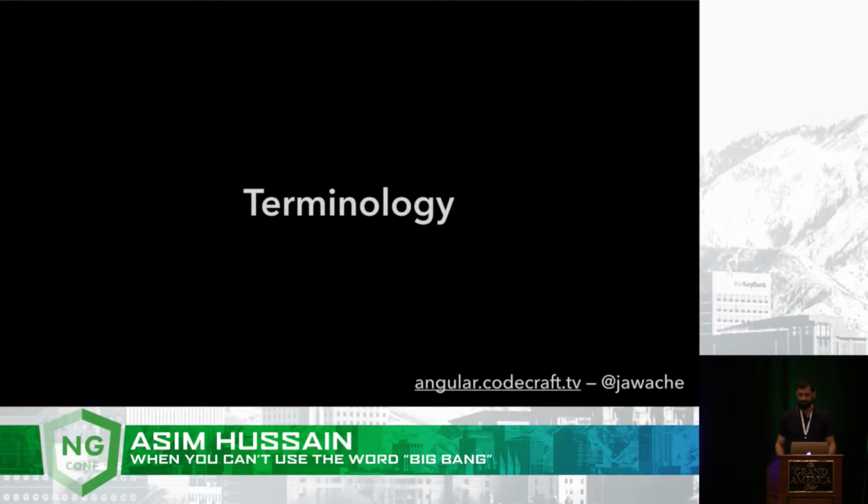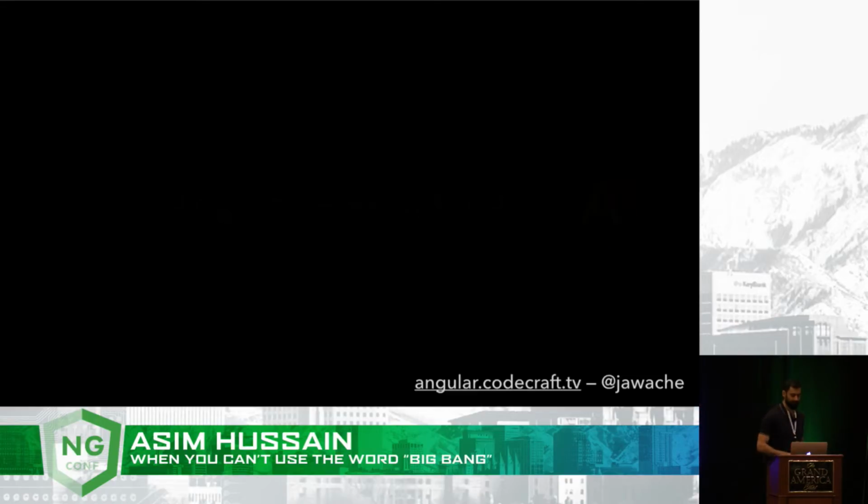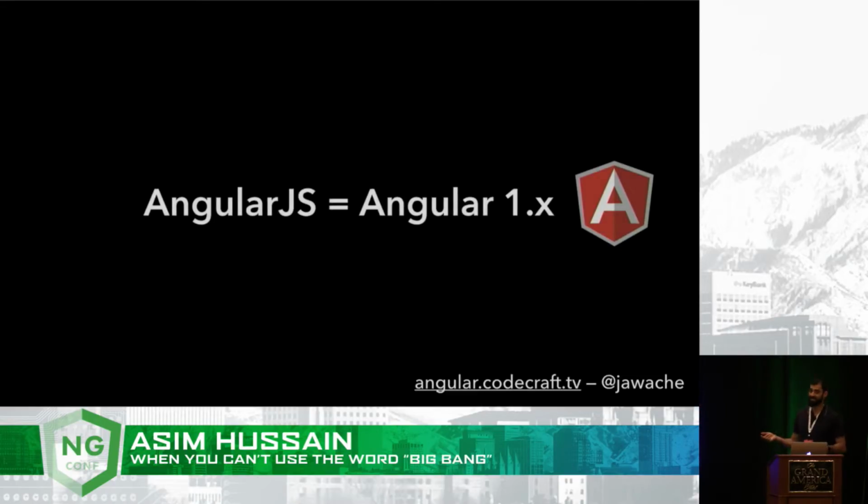So some quick terminology. I'm probably not the first person to tell you this, but it's very difficult to talk about an Angular migration without using the words 1 and 4. When I use the word Angular, I mean Angular 4, the latest version of Angular. When I use the word AngularJS, I mean the 1 version of Angular.